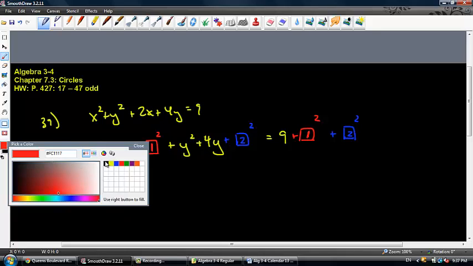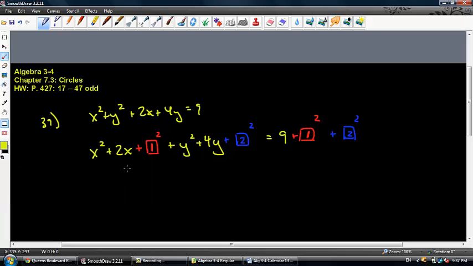So let's go ahead and simplify the easy side. The x's are going to simplify to x plus 1 quantity squared, plus, right, that's where this came from, the y sides are going to simplify, y plus 2 quantity squared equals the hard side. This is 1, this is 4, 9 plus 4 is 13, 14.